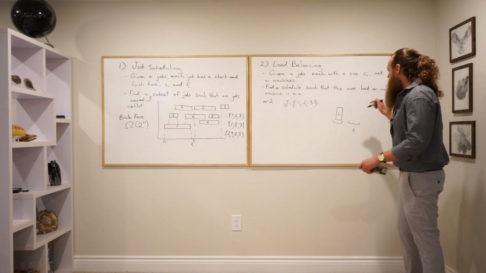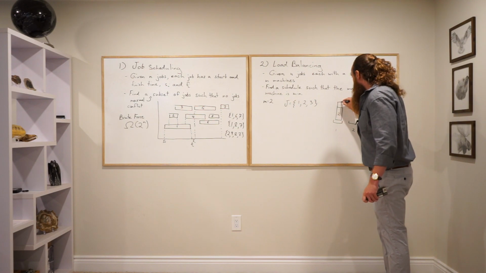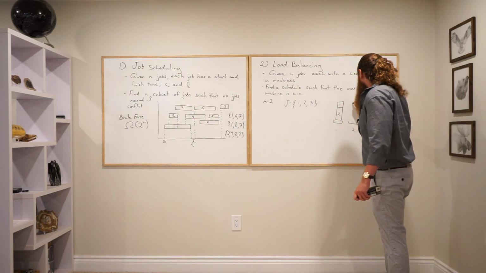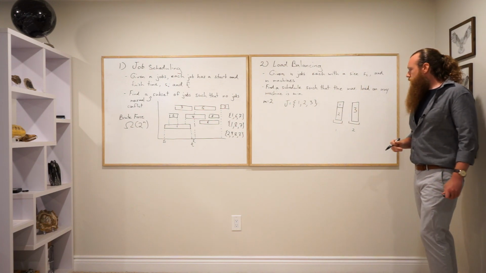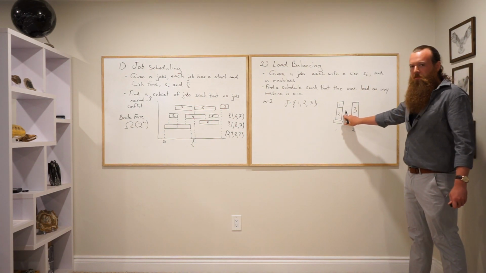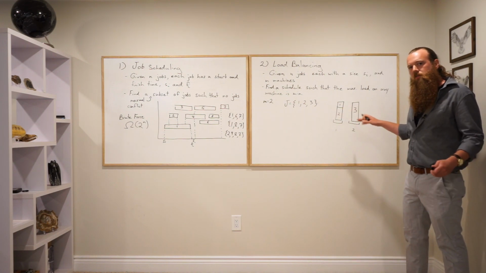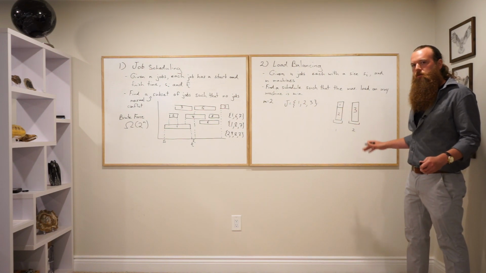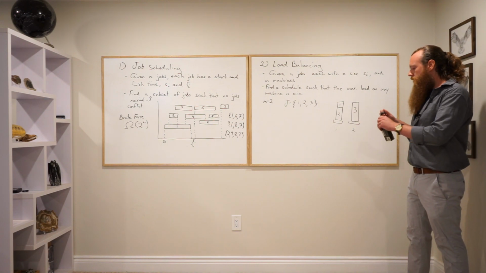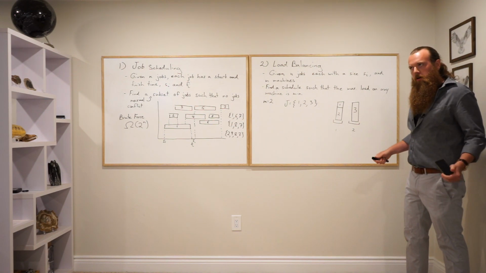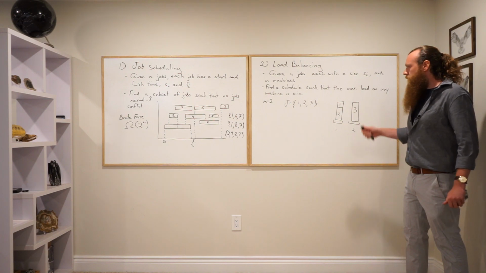But if I were to instead assign the jobs like this, now this one has a load of 3, this one has a load of 3, so my max load across all the machines is 3, whereas before the max load across all my machines was 4. So this one is a better schedule.